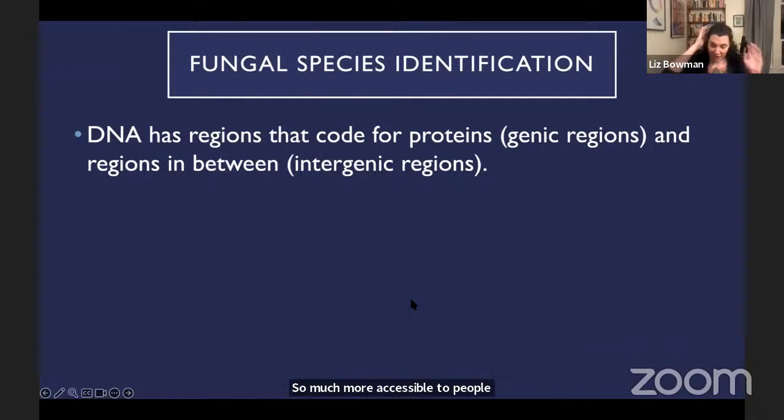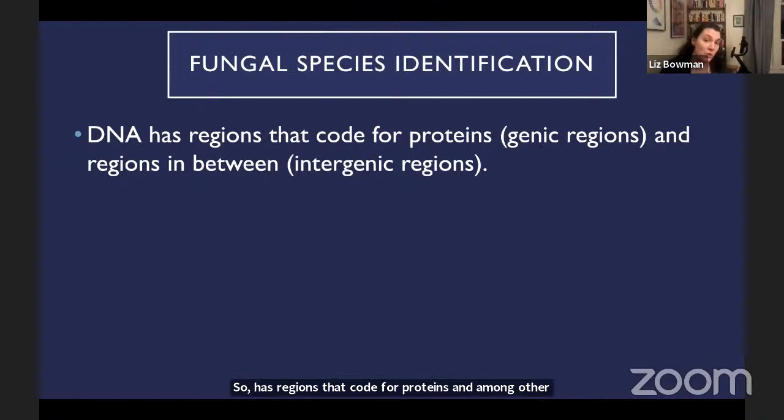Okay, so we extracted our DNA, we amplified it, and we sequenced it. So now what do we do with it? DNA has regions that code for proteins, among other things. These coding regions are called genic regions, and the regions in between are called intergenic regions.